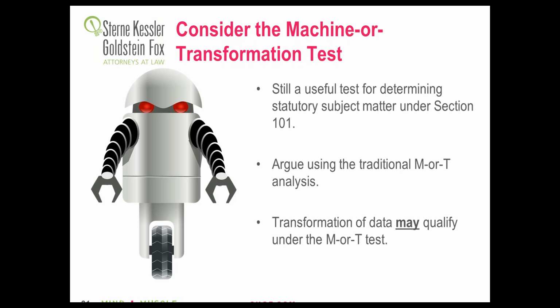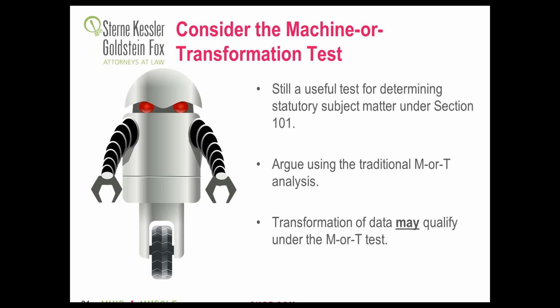Right. And when we're talking about what this means in the context of software, of course, if you're operating a physical device using software, and you have that recited in your claim in more than just a field of use limitation, that's going to help. But there have been some recent decisions that indicate that transformation of data may qualify as a transformation under the MoT test.